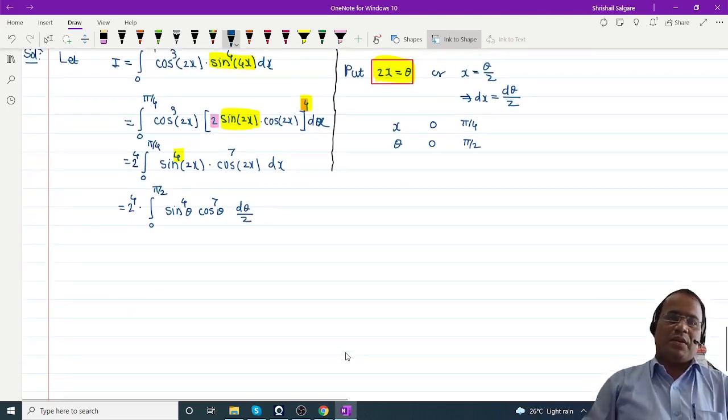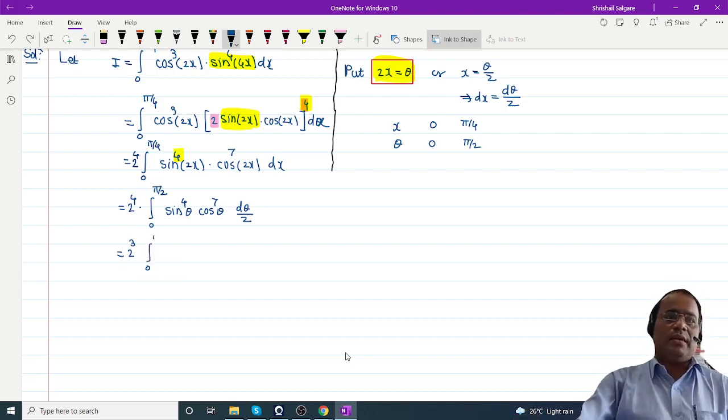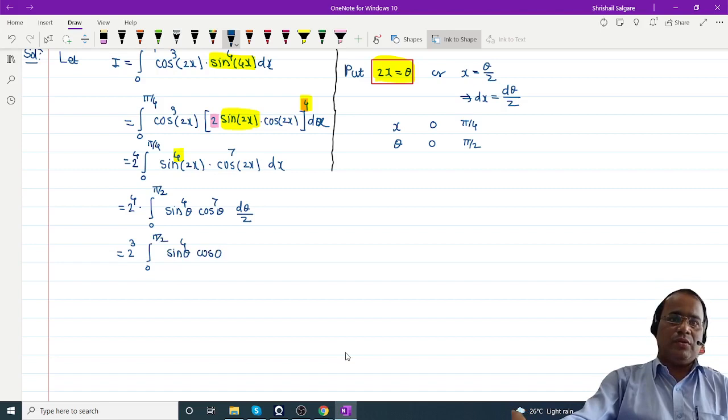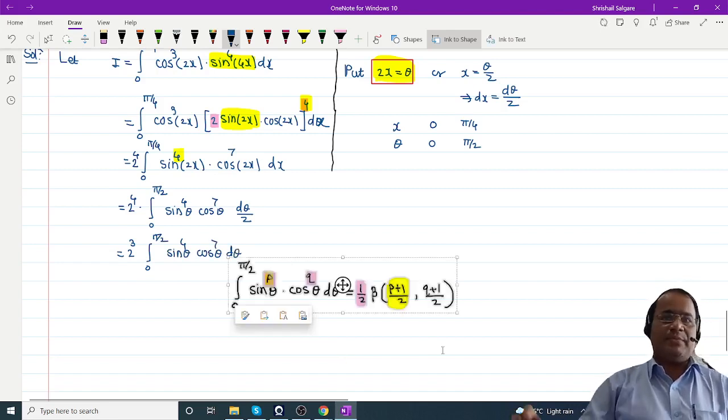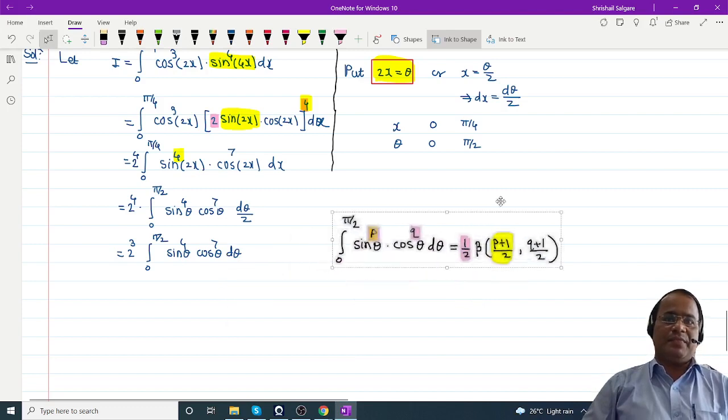So further you can simplify: 2 raised to 4 upon 2, that can be written as 2 raised to 3, integral from 0 to pi by 2 sine theta raised to 4 into cos theta raised to 7 d theta, and it comes in the beta form. This is the definition.